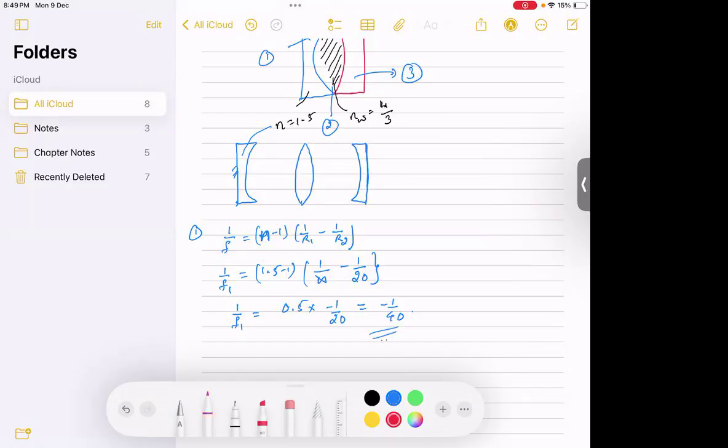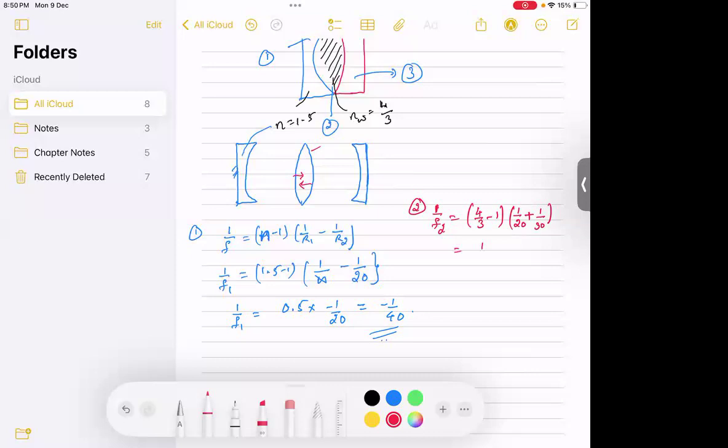Now do it for the second convex lens. 1 by f2. What is the refractive index for that? It is 4 by 3 minus 1 into, since the radius of curvature for the first surface is 20, for the second one, sign convention, minus 30. This goes positive, second surface goes negative. So it becomes 1 by 20 plus 1 by 30.